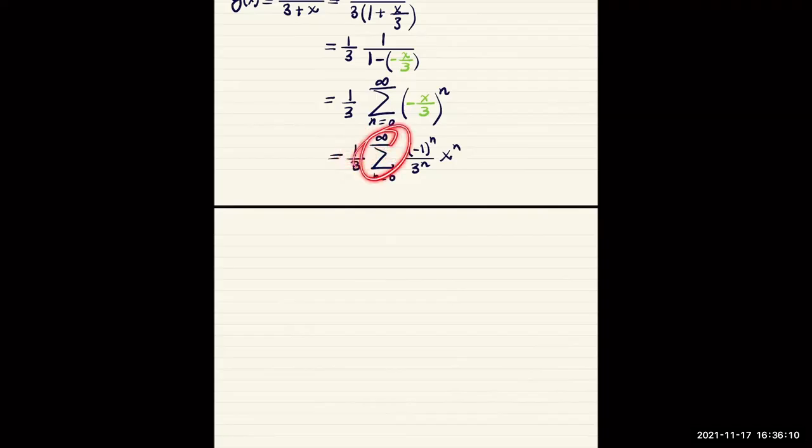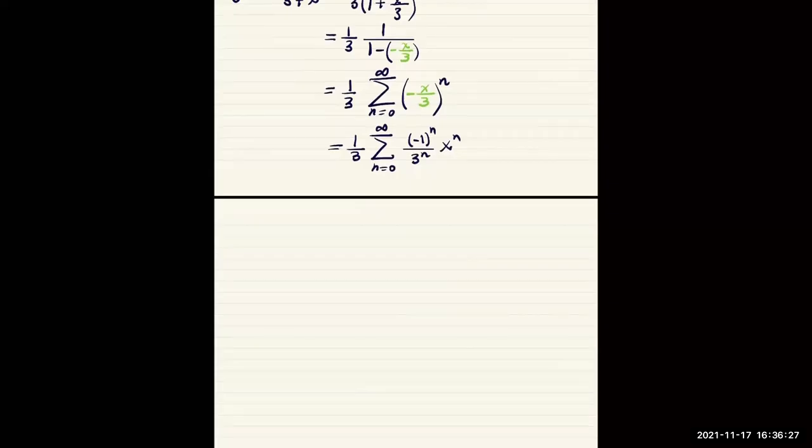You guys know what this means. This is a sum, okay? A sum of a bunch of terms with the 1/3 in front, I can multiply that 1/3 in. When you do that, this 3 times this 3 to the n is just going to be 3 to the n plus 1.